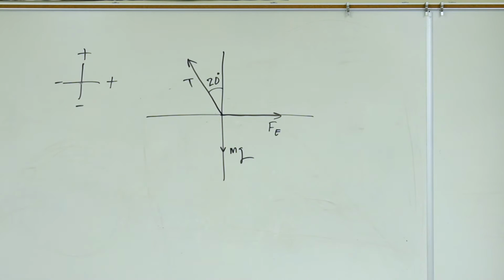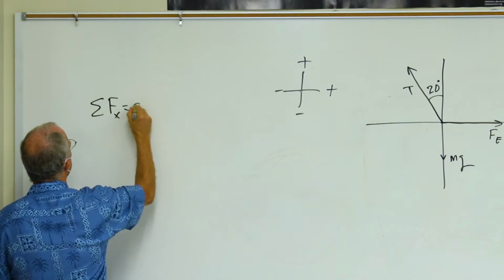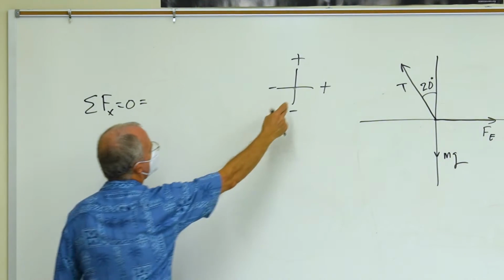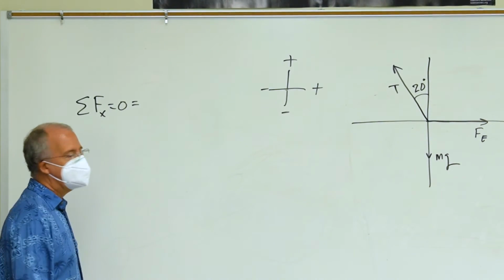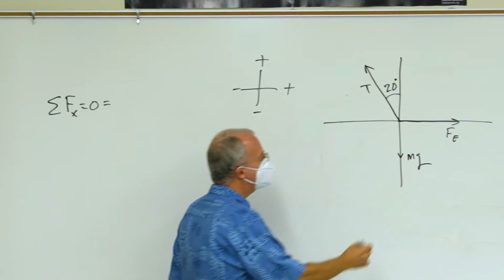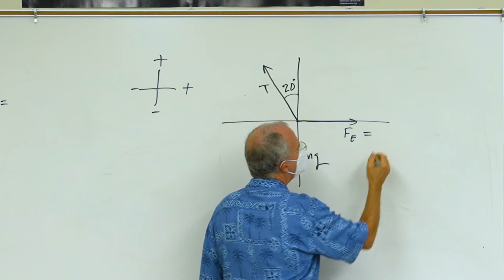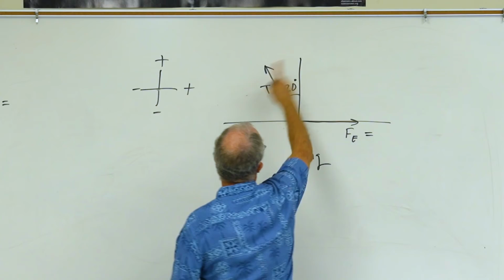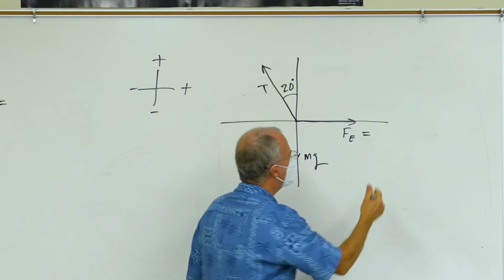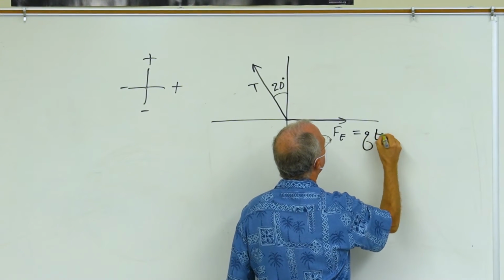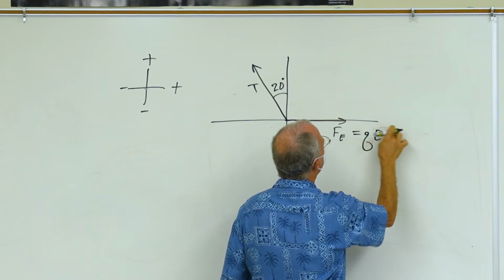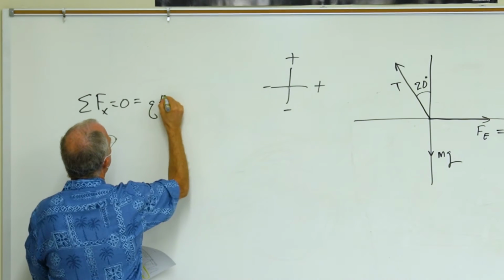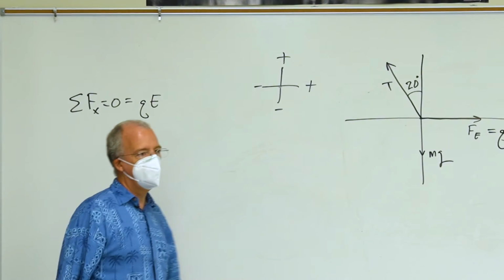So sum of the forces x equals, all right, so what are the x forces with this coordinate system? Okay, what is Fe, by the way? Because we're supposed to find the charge. I don't see any charge here. Q times the E field. Yeah, thank you. Okay, so we have QE to the right, and then what in the x direction?